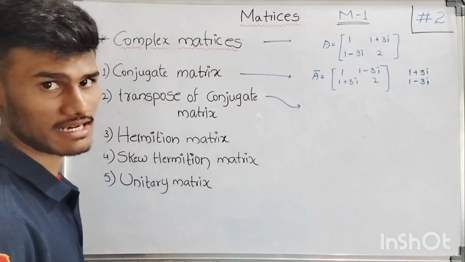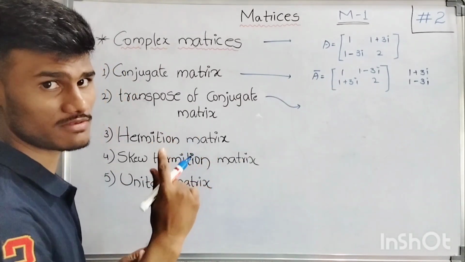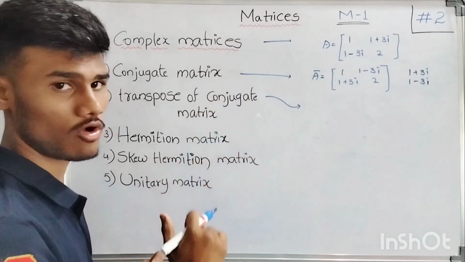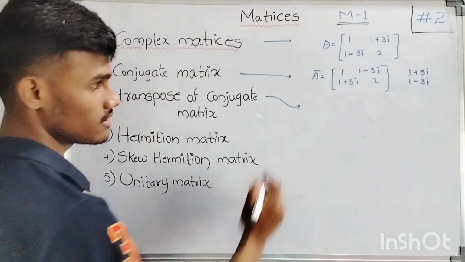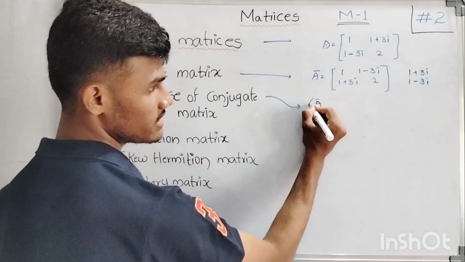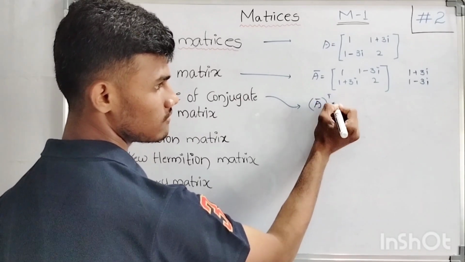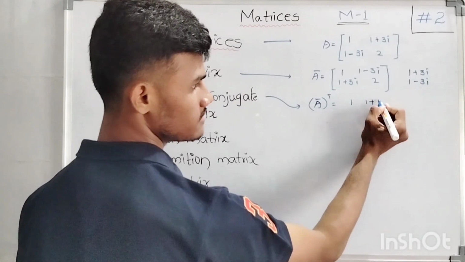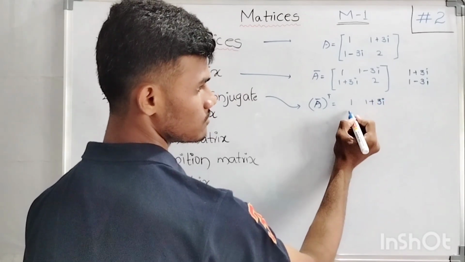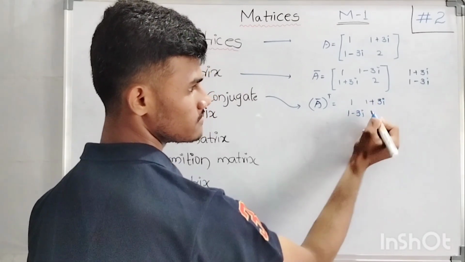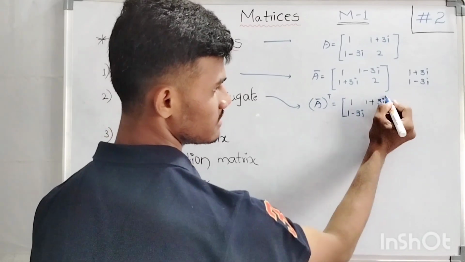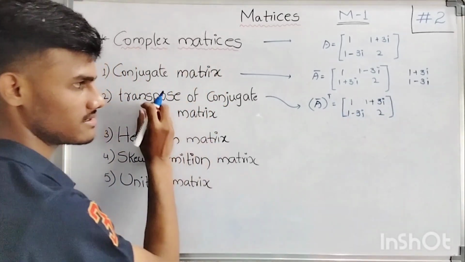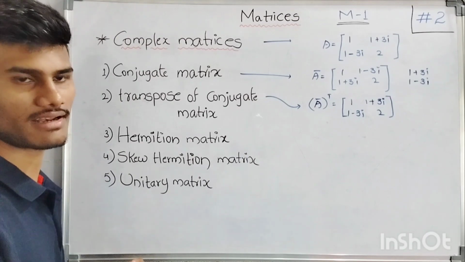The transpose of a conjugate matrix. And what is meant by transpose? Interchanging the rows to columns and columns to rows. Then the conjugate transpose is obtained by just interchanging the rows to columns and columns to rows. This type of matrix is called the transpose of a conjugate matrix.